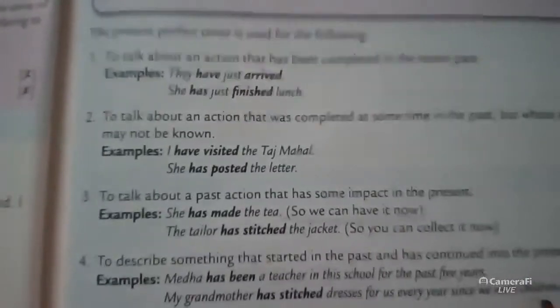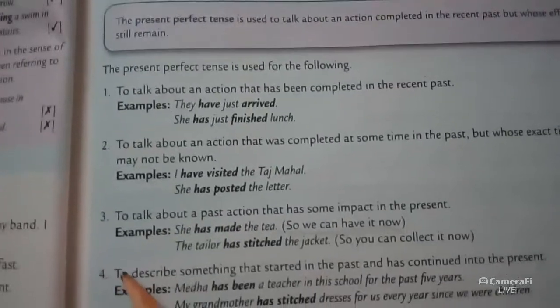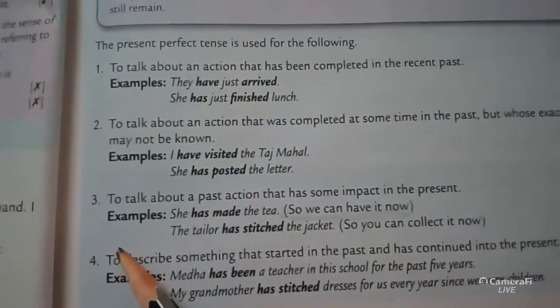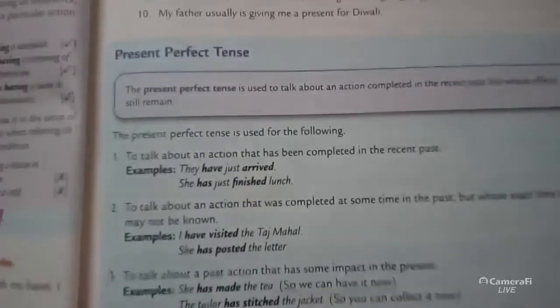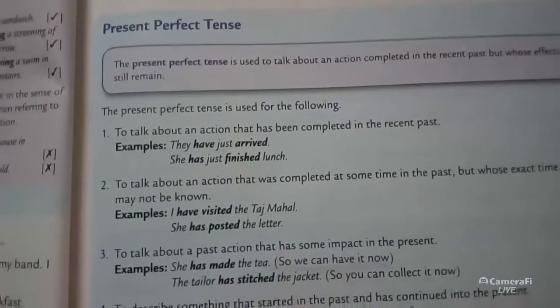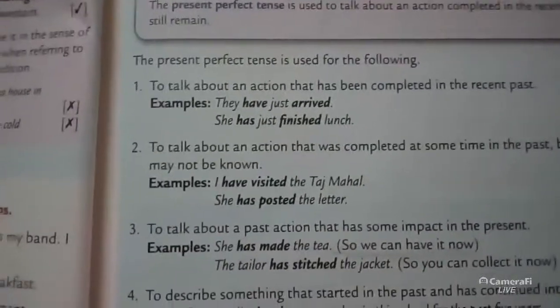So, this is present perfect. We learned 4 points here. That present perfect tense means it is completed in the recent past, but its effect is till now. Then turn to page number 52.